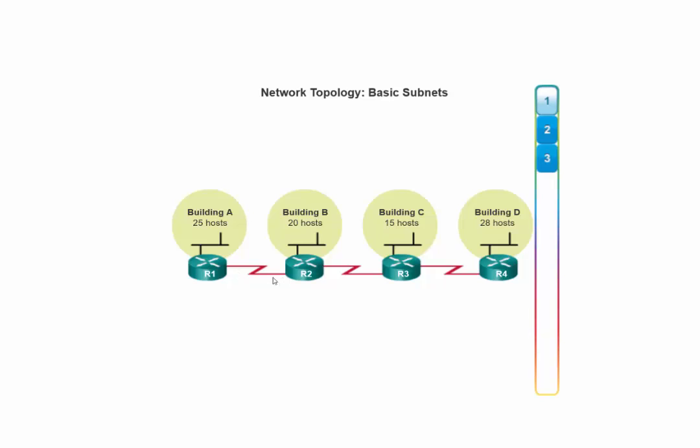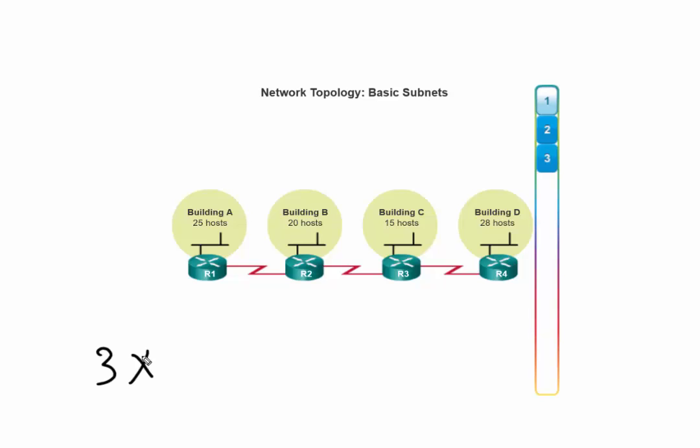But here the problem is that we have 3 different networks. Each of them needed only two host addresses, whereas we have assigned 30 different addresses. So there are a number of unused addresses which correspond to these 3 subnets.